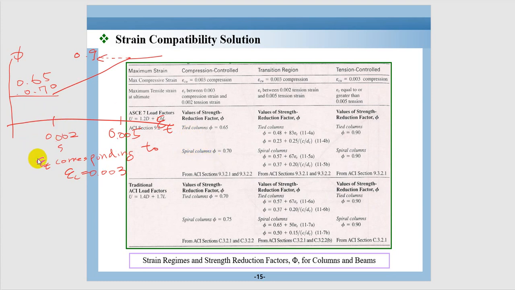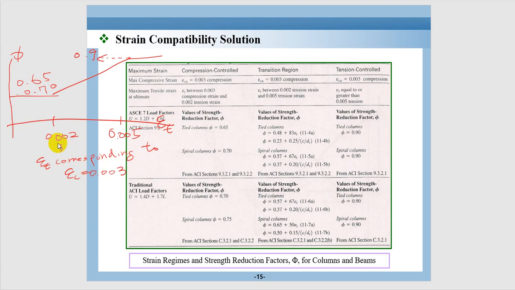In this region, your tensile strain, epsilon t, is going to be between 0.002 and the tensile strain corresponding to a concrete compressive strain of 0.003.